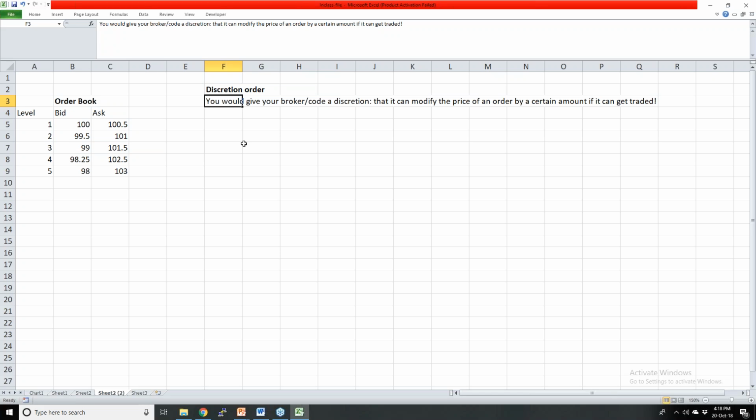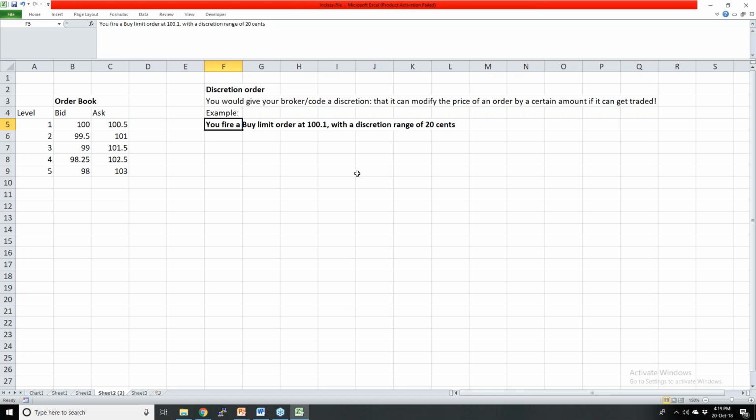So as an example, you fire a buy limit order at 100.1 with a discretion range of, say, 20 cents.